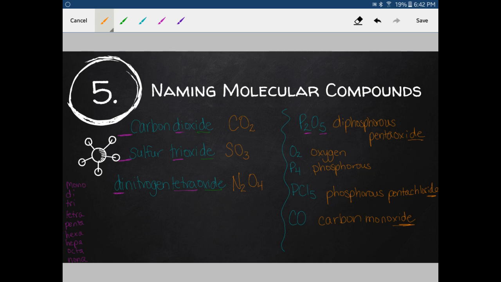Now there is a couple worksheets for you to take a look at and to practice up your naming of ionic and molecular compounds. Your ionic compounds have examples of polyatomic ions as well as multivalent elements, so there should be lots of practice there for you.